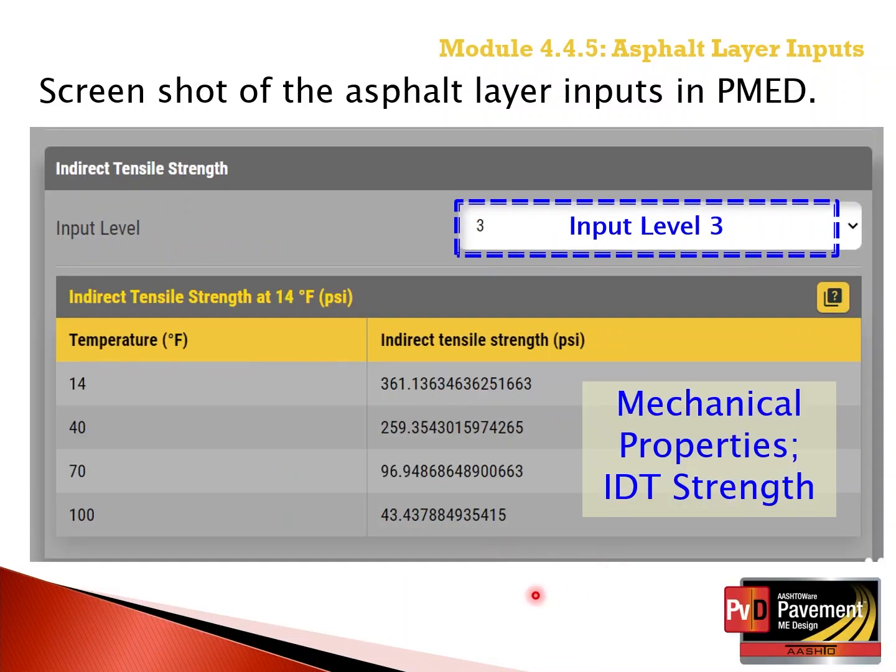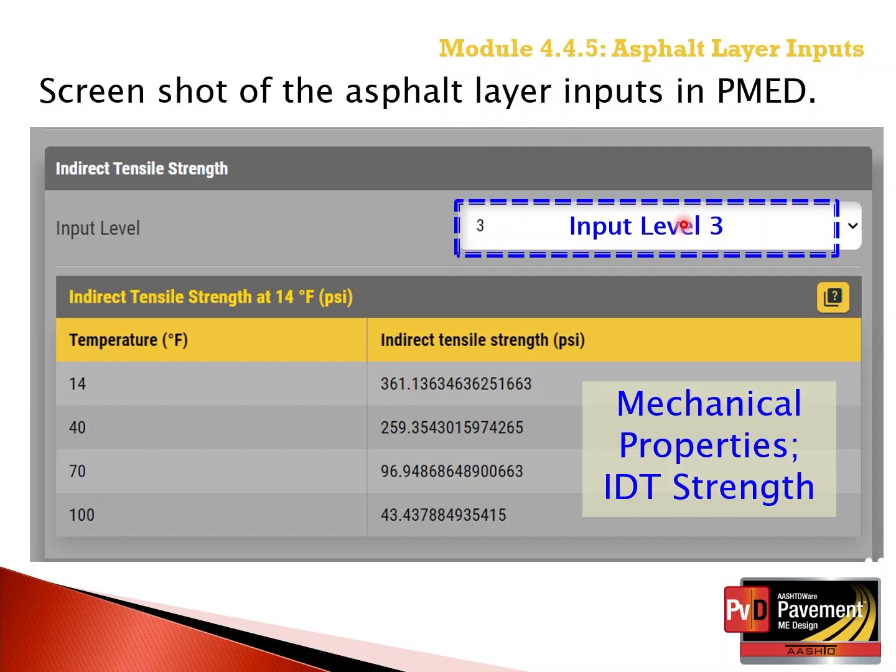This screenshot is for the indirect tensile strength input level 3. The inputs required for the indirect tensile strength input level 3 include the volumetric properties and the binder designation or performance grade that were shown on the previous slides.